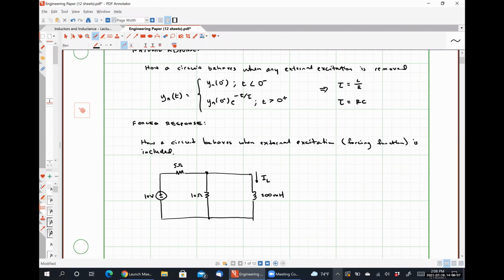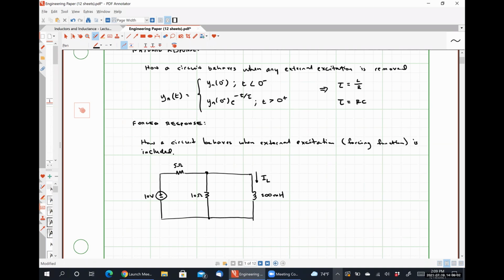And so what that really means here is that the response, the inductor current IL, would not exist if that DC voltage source were not connected to the circuit. So we are under the assumption here that that DC voltage source of 10 volts has been connected to this simple circuit for all time.